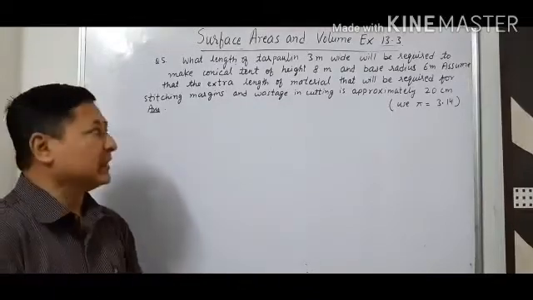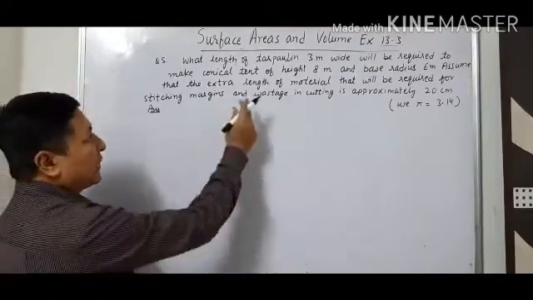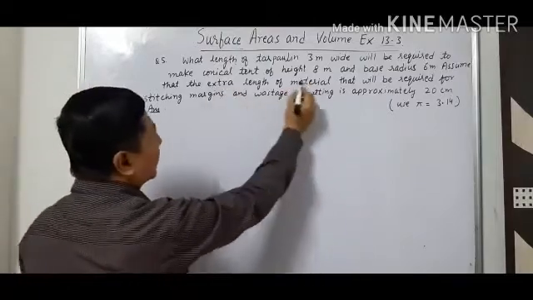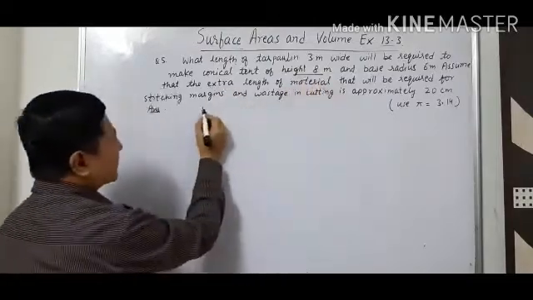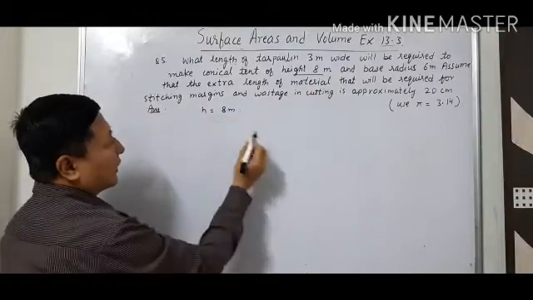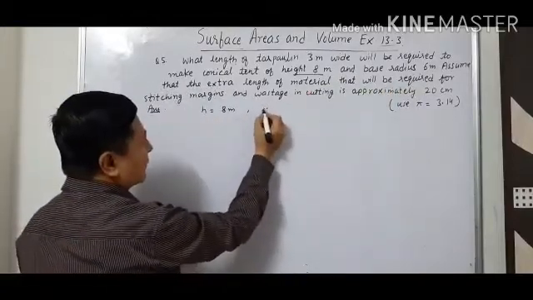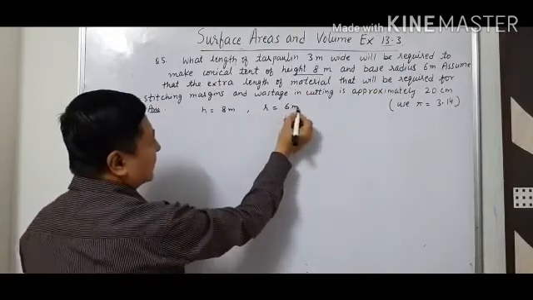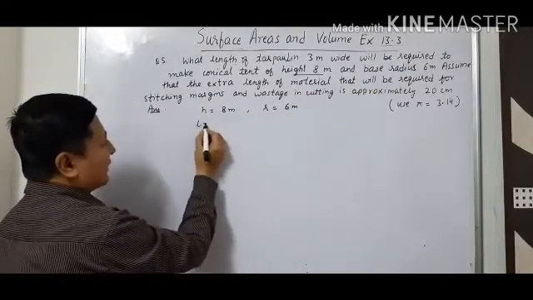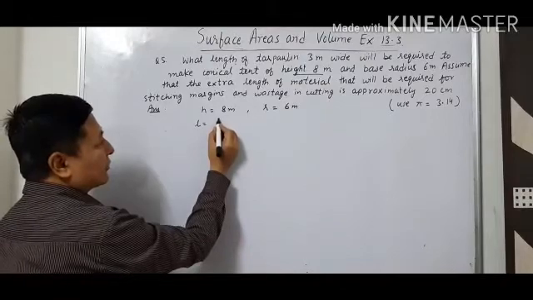So we need L. L is not given in the question. Now this is 8 meter height, so h is 8 meter and the base radius r is 6 meter. First let us calculate L, that is the slant height of the cone.